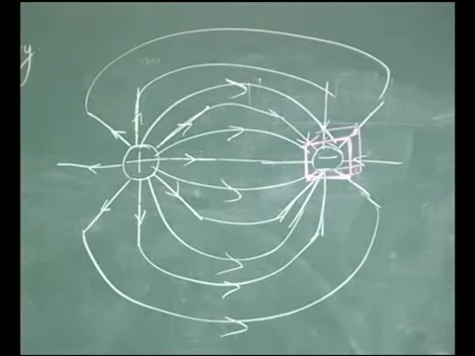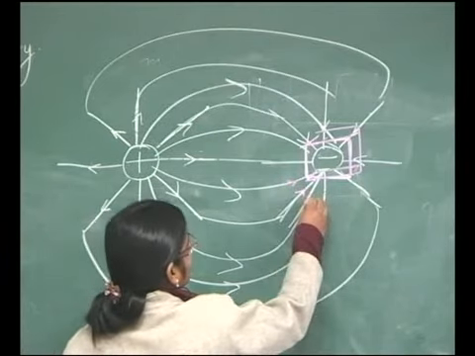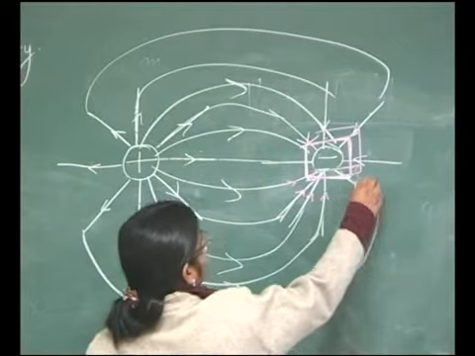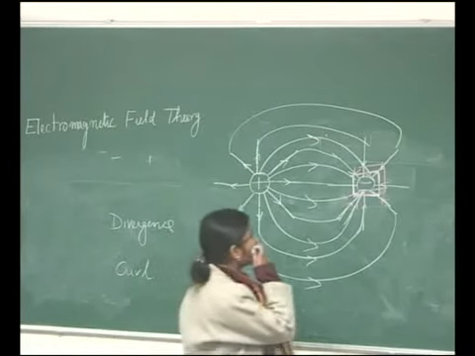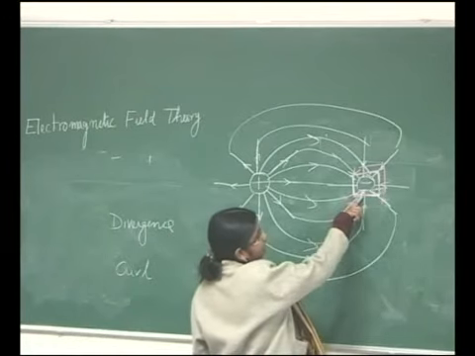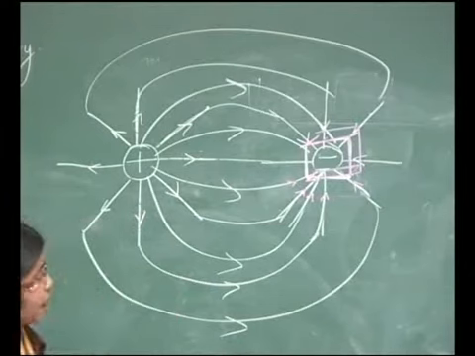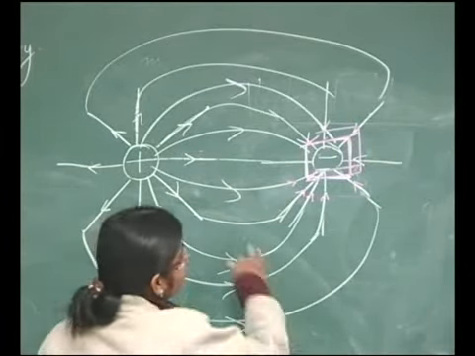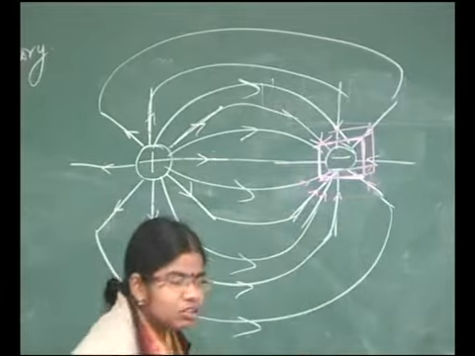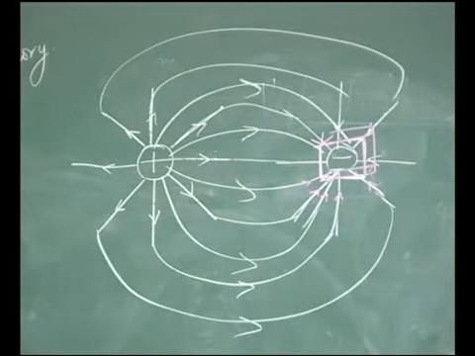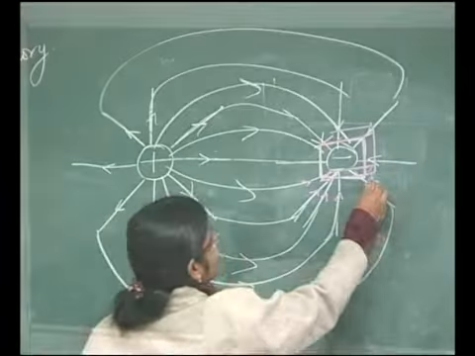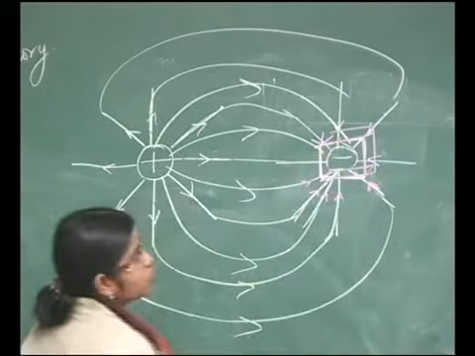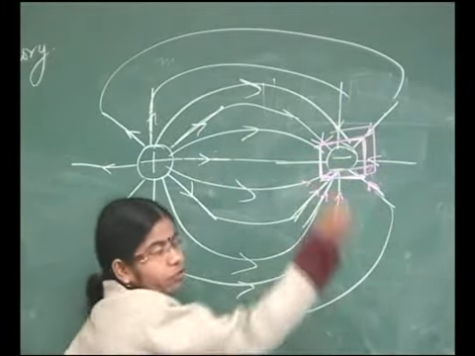Fields are going in. If I look at the fields going in and coming out, I see that more electric flux is entering this volume, but less or nothing is coming out. A lot of field is entering this volume, but nothing is coming out of it.